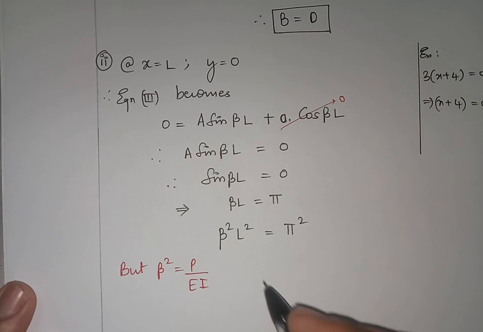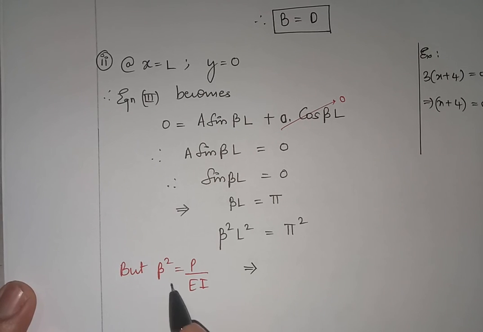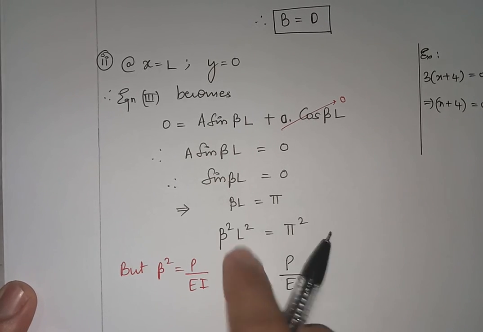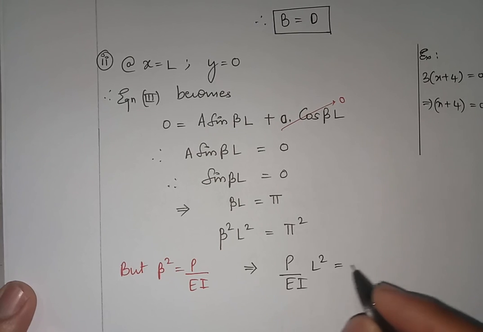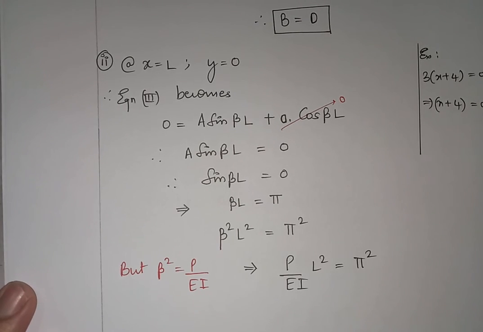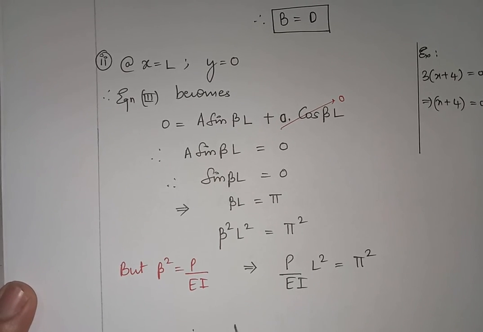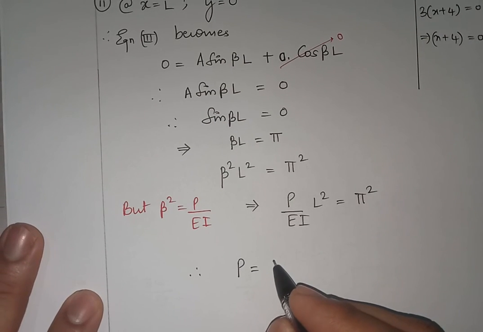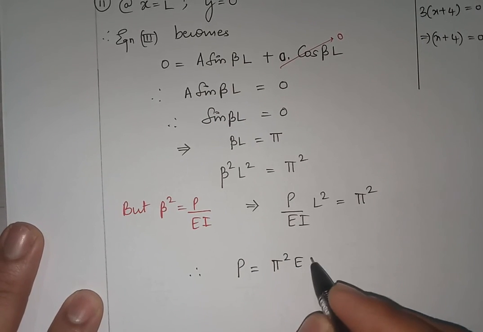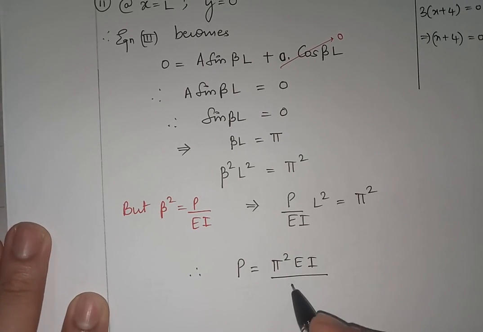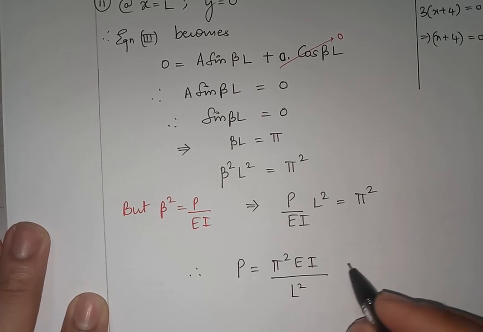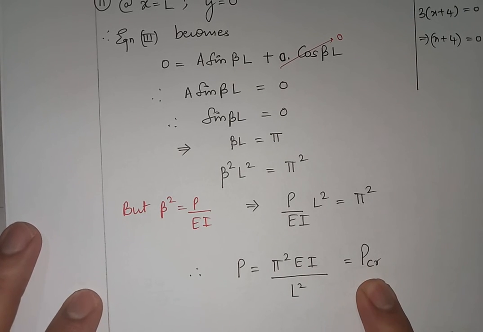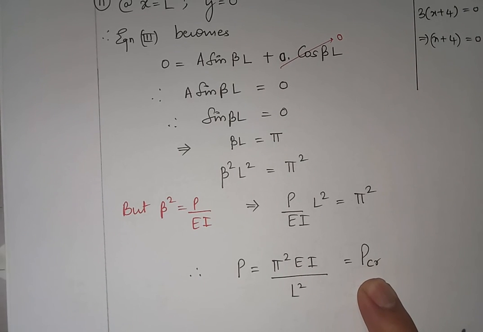Beta square value is P divided by E into I, L square as it is, is equal to pi square. So therefore P is equal to pi square EI divided by L square. So this is nothing but P critical, which is the crushing load, or compressive load.